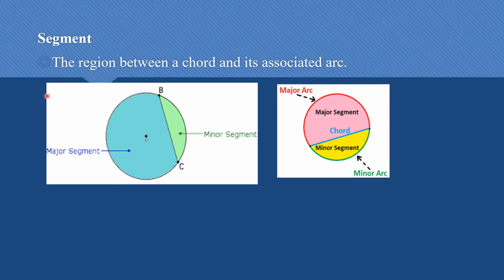In this figure, we can see 2 types of segments, the major segment and the minor segment. We can see a circle with center O and a chord BC. While drawing a chord BC, the circular region is divided into 2 parts. One is the minor segment and the other one is the major segment.